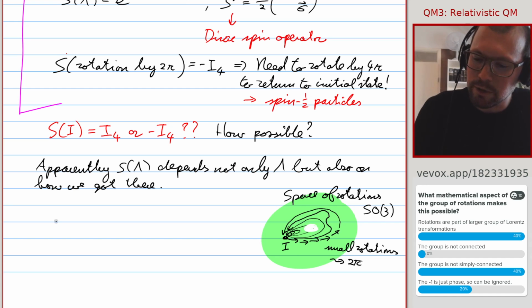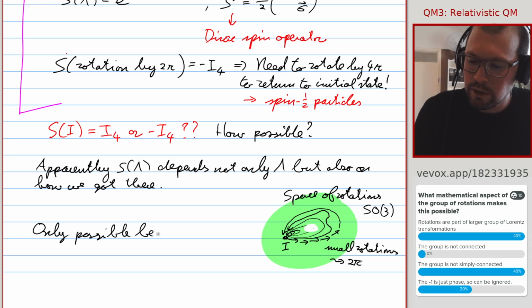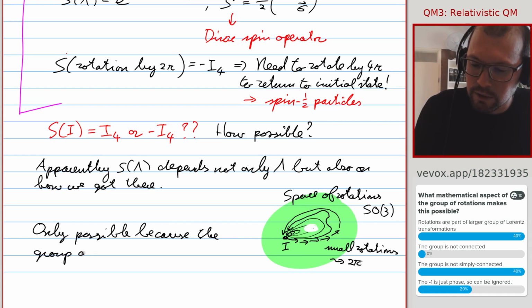So this is only possible because the group of rotations is not simply connected.